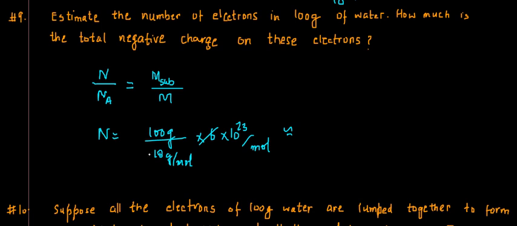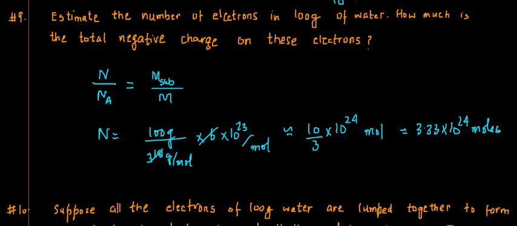So just 6 threes is 18. So this is 100 by 18, or instead we could write 10 divided by 3 into 10 to the power of 24 molecules, which is 3.33 into 10 to the power of 24 molecules are present in 100 grams of water.